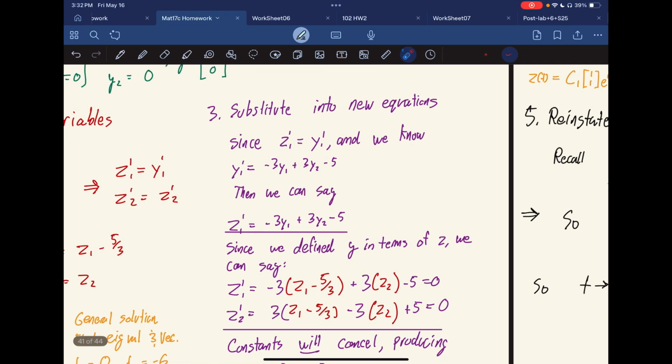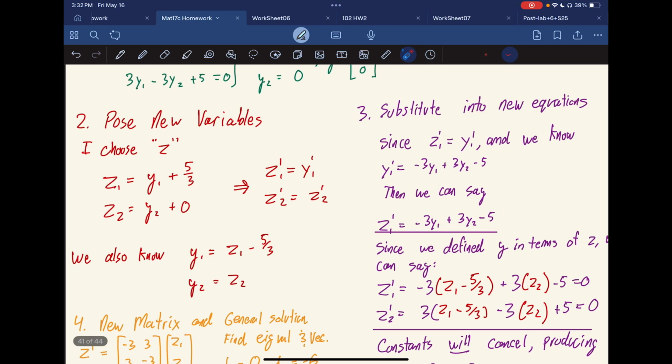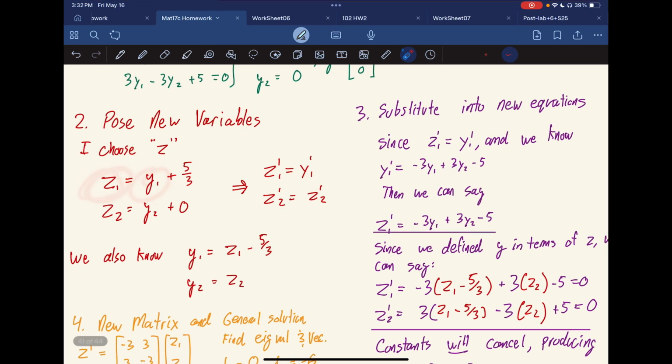The next part is number 3. We're going to substitute our z and y values into a new system of equations.